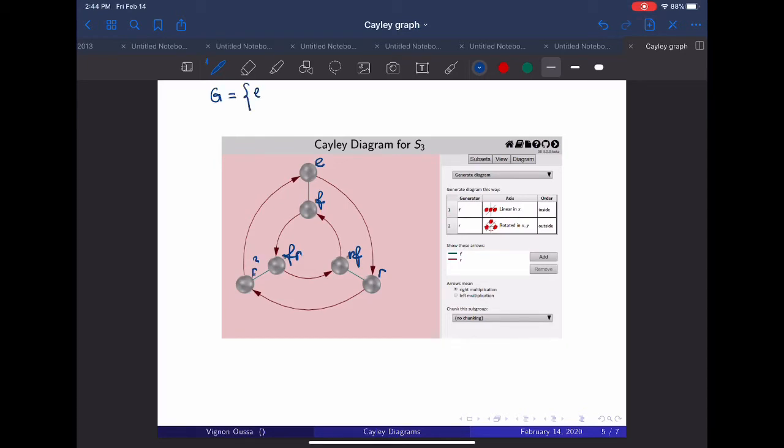Our group contains 6 elements: E, R, R squared, F, RF, FR, and our generating set S, we said, contains 2 elements, R and F. So I will use the red color for R, and I will use the green color for F.